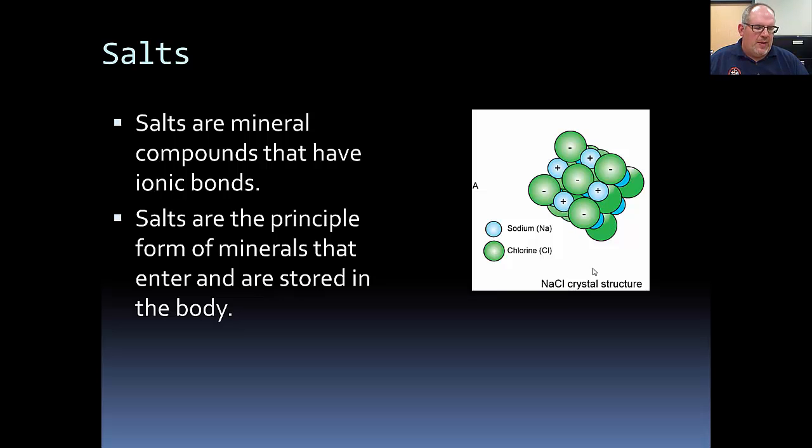And so these are going to make up the bone. They're going to make up a lot of the components within the cellular fluid, within the bloodstream. And so these are very important for a lot of the reactions and what happens in the body.